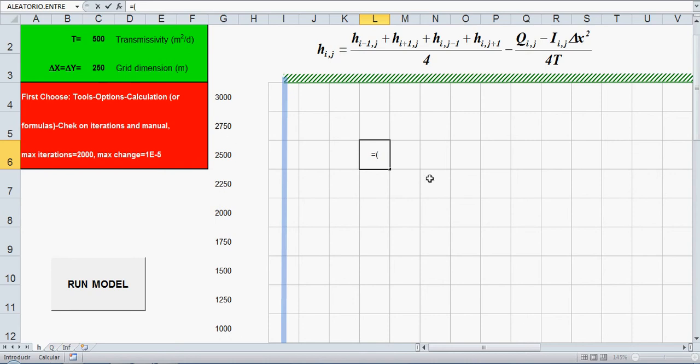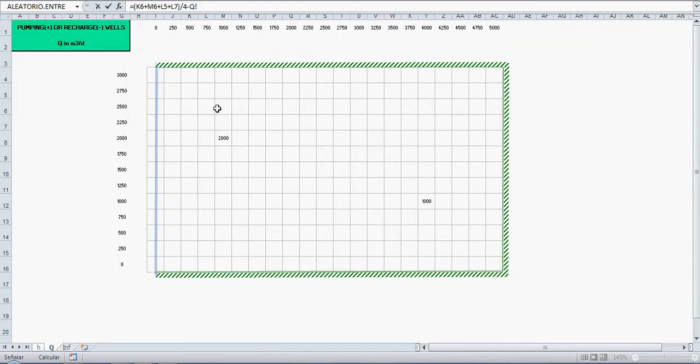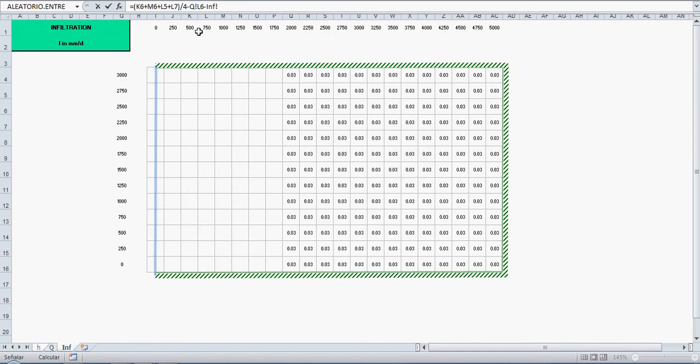It depends on the left head plus the right plus the upper plus the bottom, divided by 4, again some kind of head average, minus the discharge Q located in L6, minus the infiltration in L6.